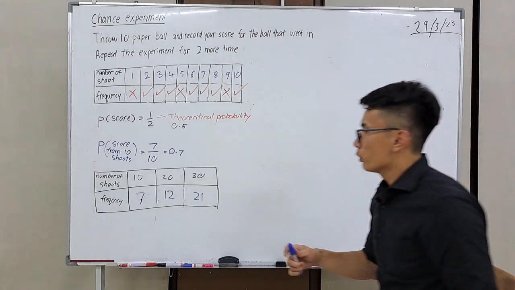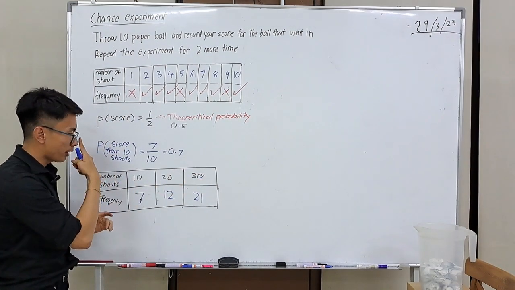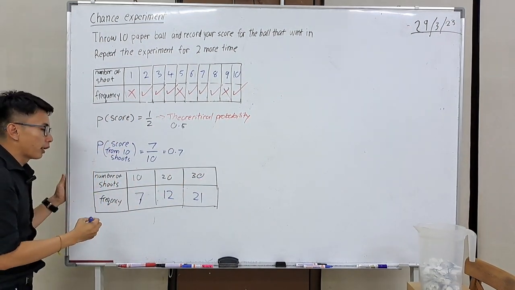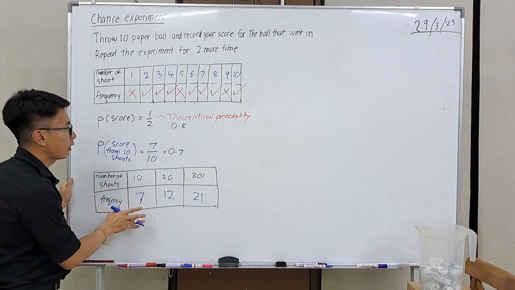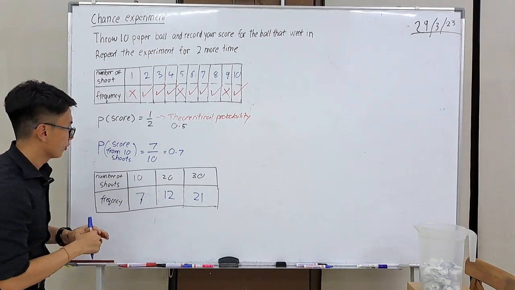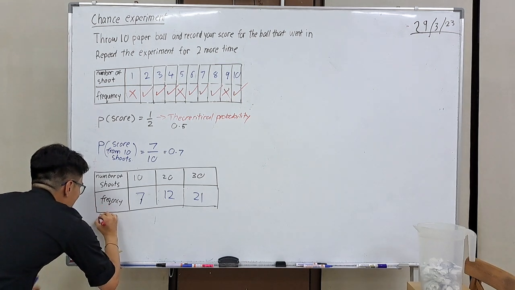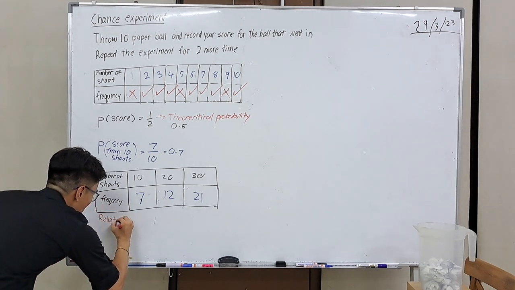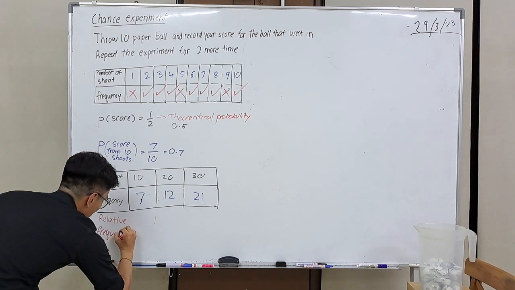Let's see what we can find in this. What I'm interested in right now is to find the probability. But what we are calculating right now is the probability of an experiment like this one. We have a special name for it.